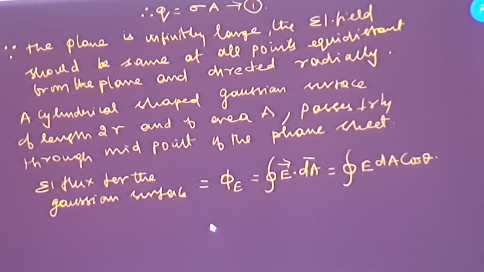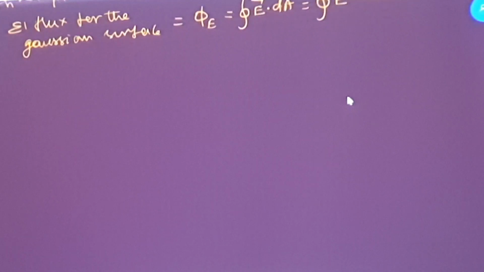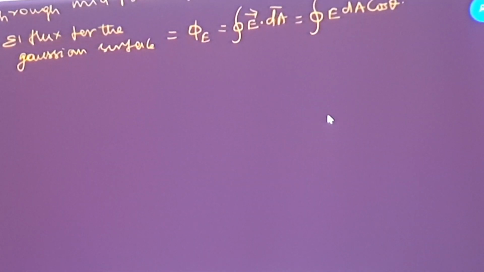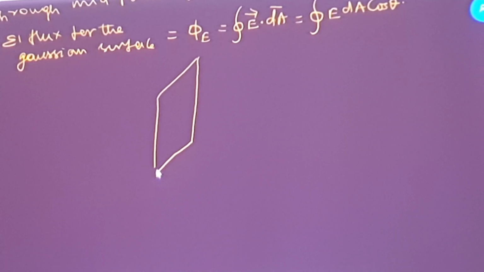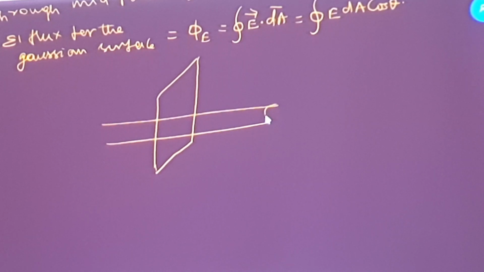Here, I will be drawing the diagram again. You have the infinite plane sheet of charge, and the Gaussian surface is passing perpendicularly through the middle, with area A and length 2R.